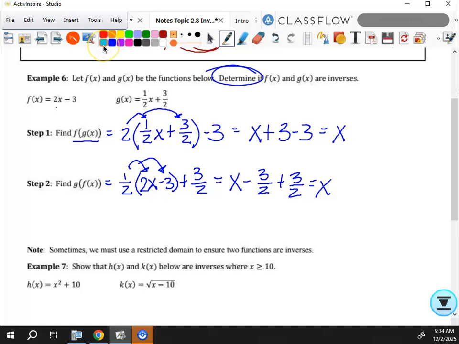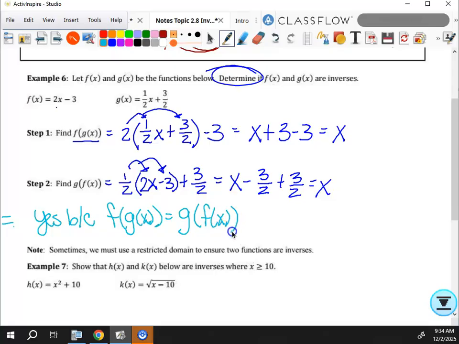So then, are they inverses? So yes, because f of g of x equals g of f of x, which equals x. Any questions about that? We good? Okie dokie.